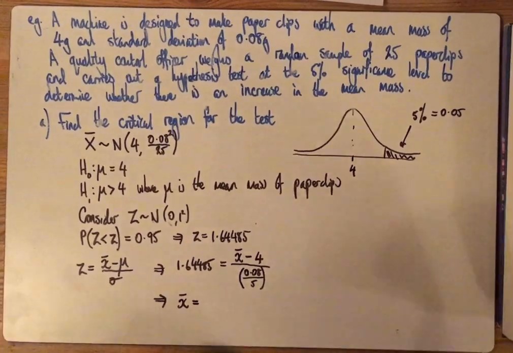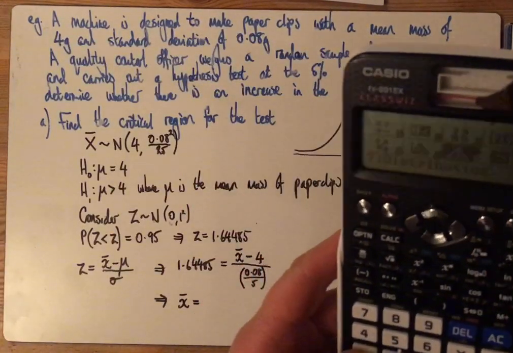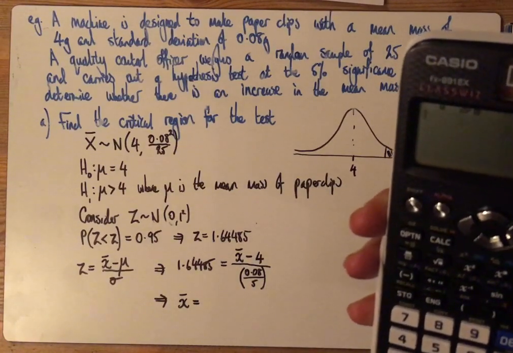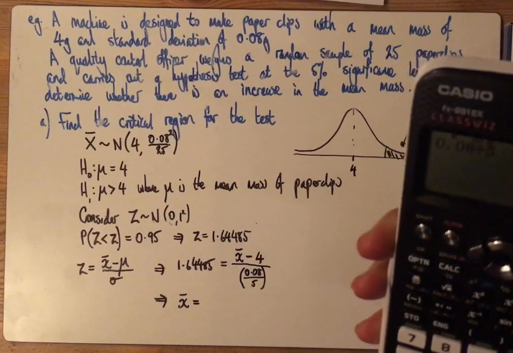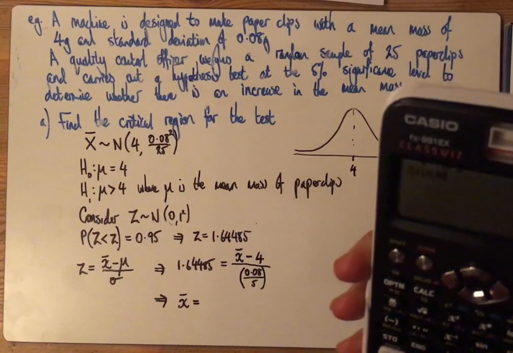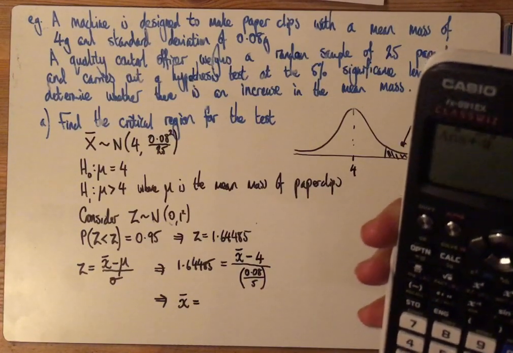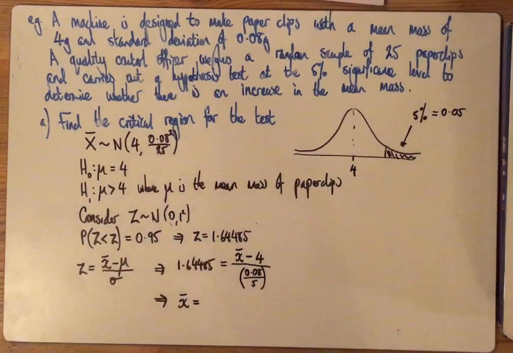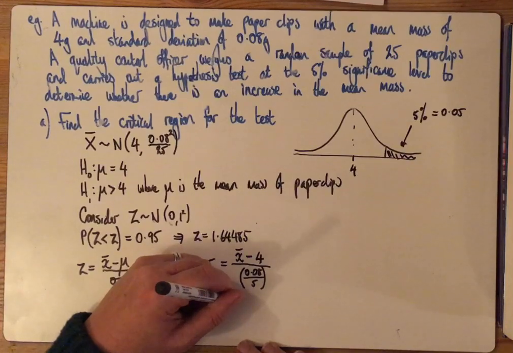So, calculator, menu 1. Personally, I would just whack that in really. So 0.08 divided by 5 times x plus 4. So 4.0263. You'll know if you've gone wrong because you're going to get something stupid coming up. We're expecting something around 4.